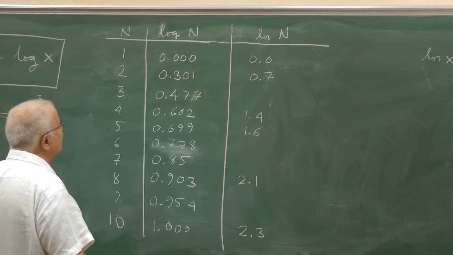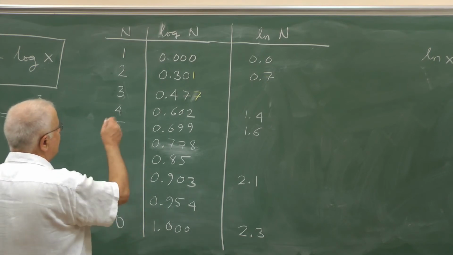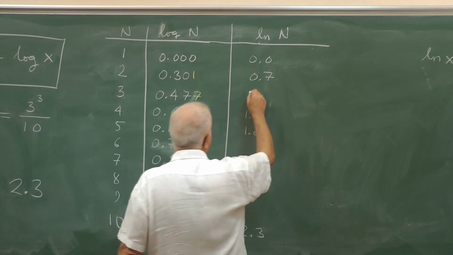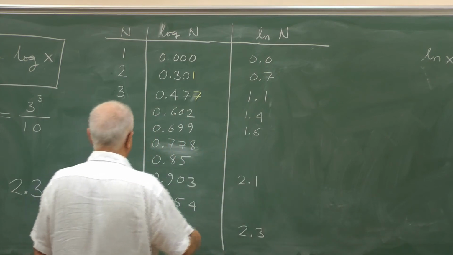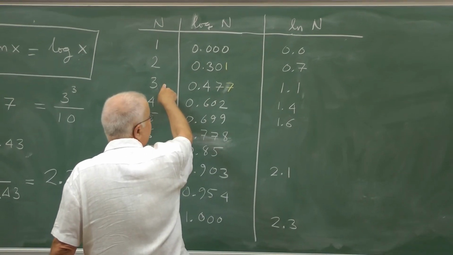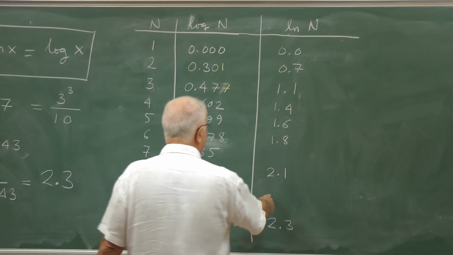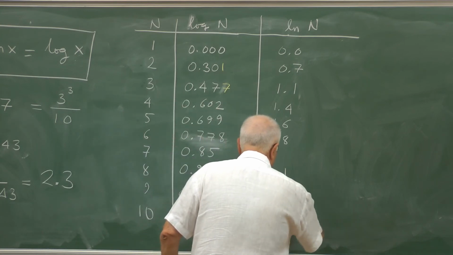How about 3? If you do the multiplication, 0.477 times 2.3, it is approximately 1.1. So 6 is 2 times 3, 1.8. And 9 is 2.2.